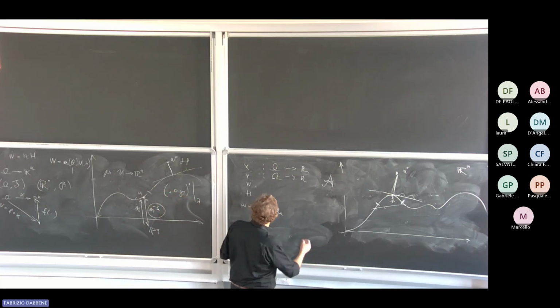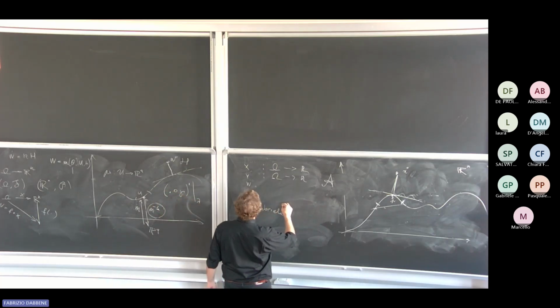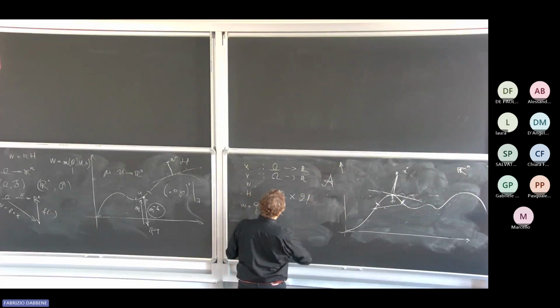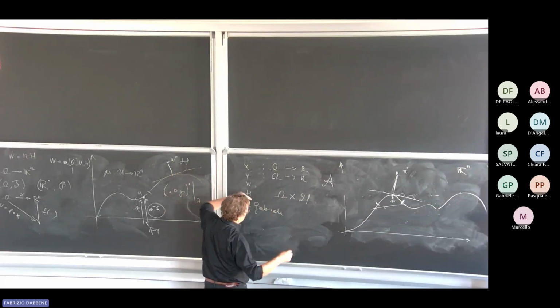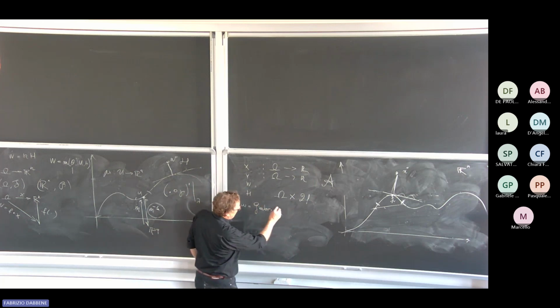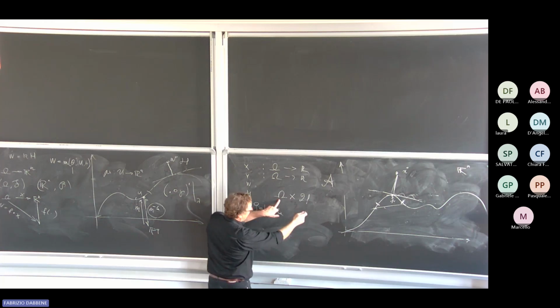So in fact, I could think of omega cross H, H being the space of all possible random variables, as my domain. I can fix omega, Gabriele, and I can fix H, something in H, height.